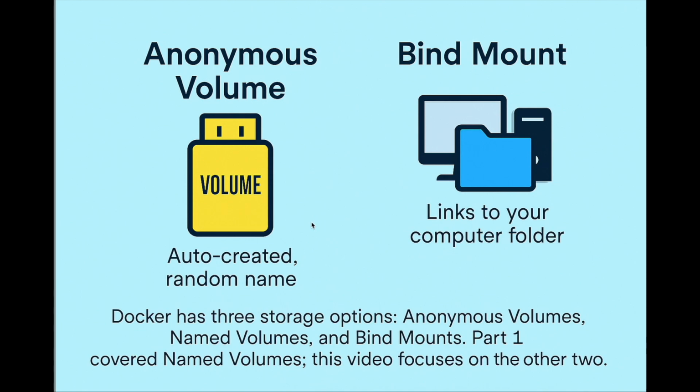Anonymous volumes are automatically managed by Docker, perfect for official images like MySQL or Redis to protect your data. Bind mounts, on the other hand, give developers live connections, so changes in your local files instantly appear inside containers.